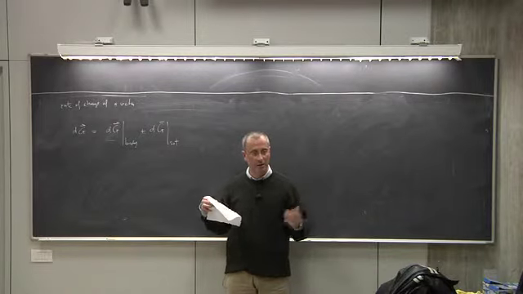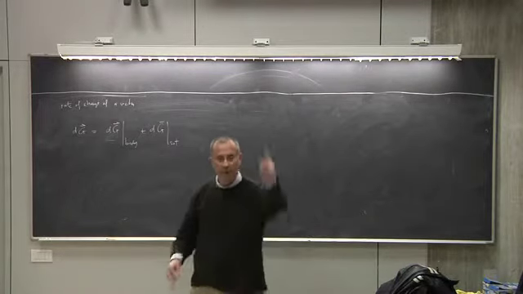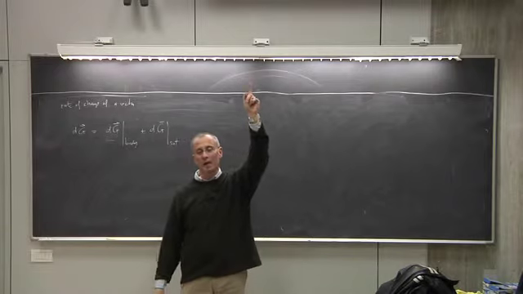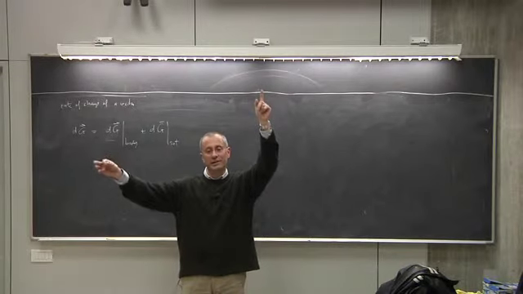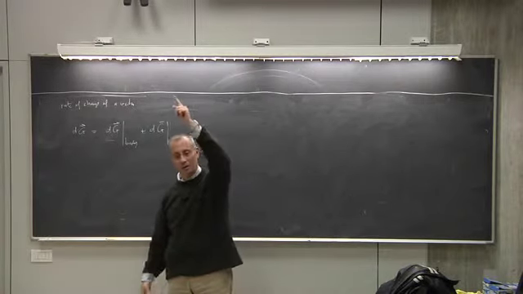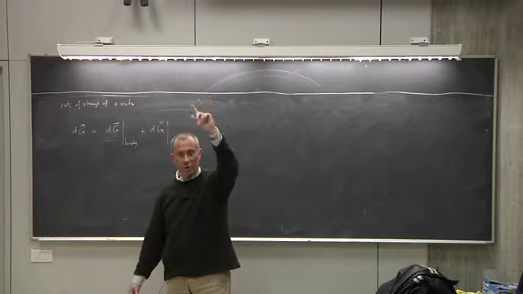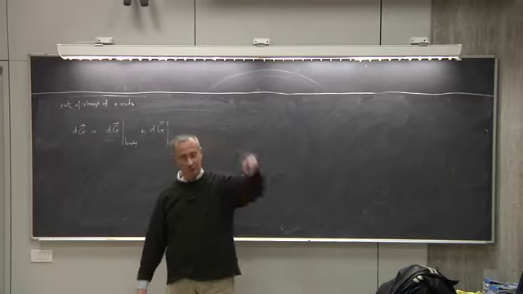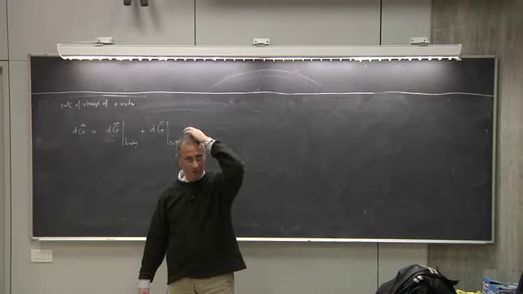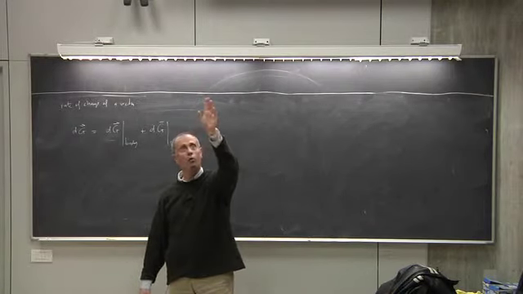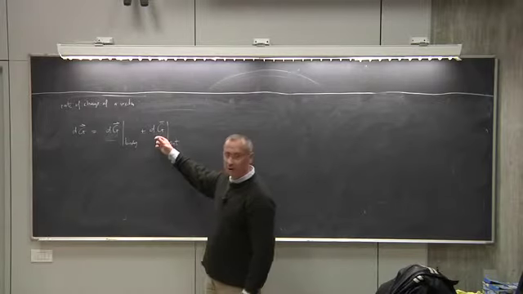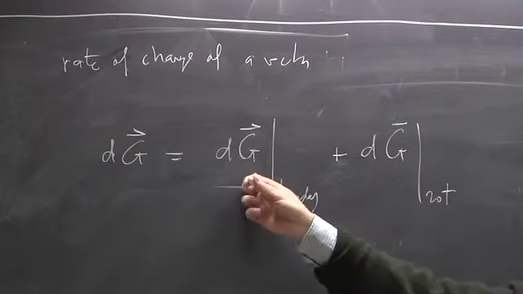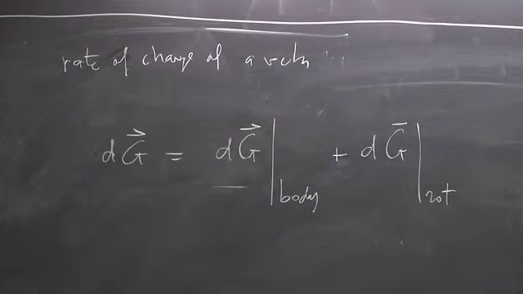It's clear, right? If I'm pointing like this, I'm not doing anything. But if you are standing on the sun, you see me rotating, not that slowly actually, because in 24 hours I go around 360 degrees. So this is the part that changes because of the rotation, and this is the part that is changing because some force is moving these vectors.